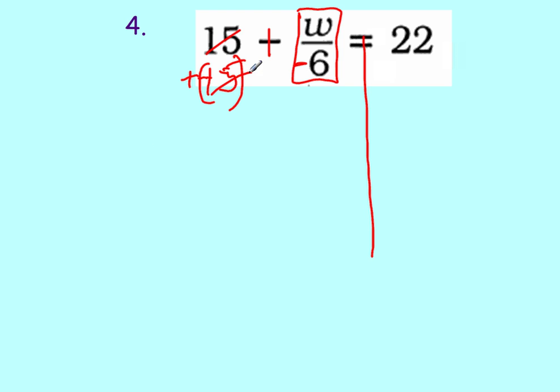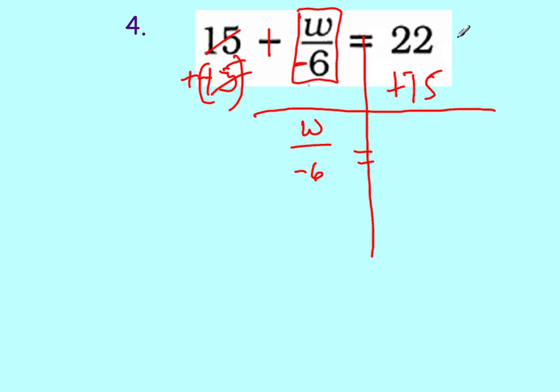We're going to clear out, and we're going to have w over negative 6 is equal to 22 plus negative 15. This is a different signs difference, so we're going to subtract those, and we're going to get positive 7. Next thing, we have to get rid of the divide by negative 6.